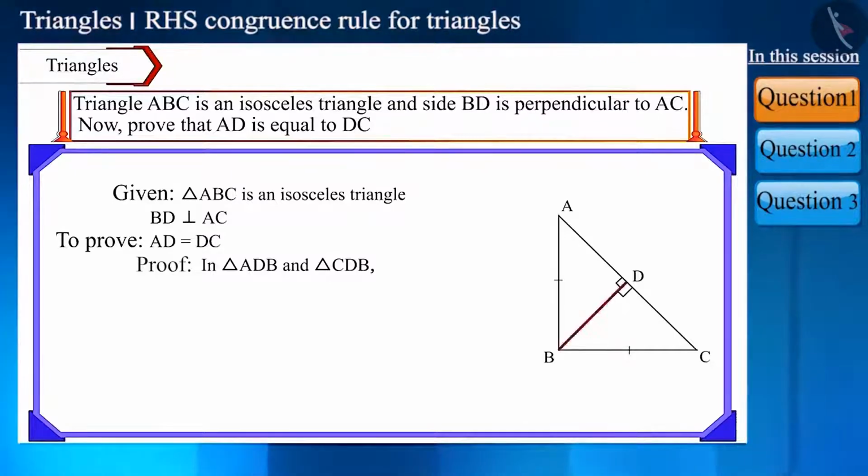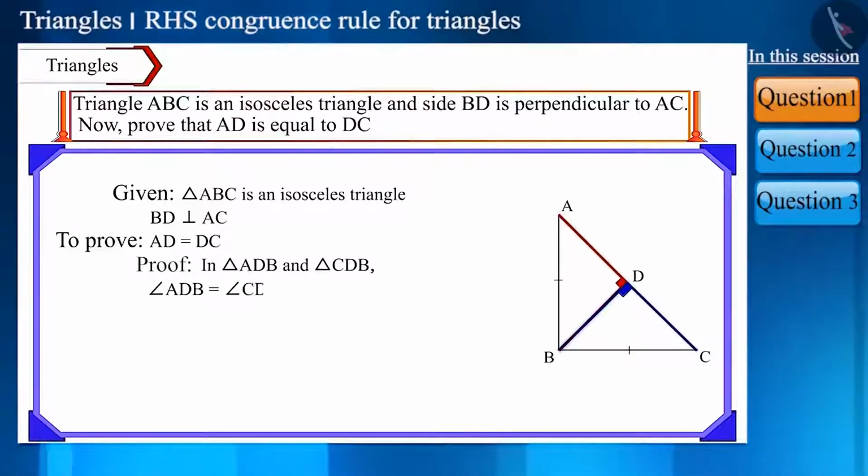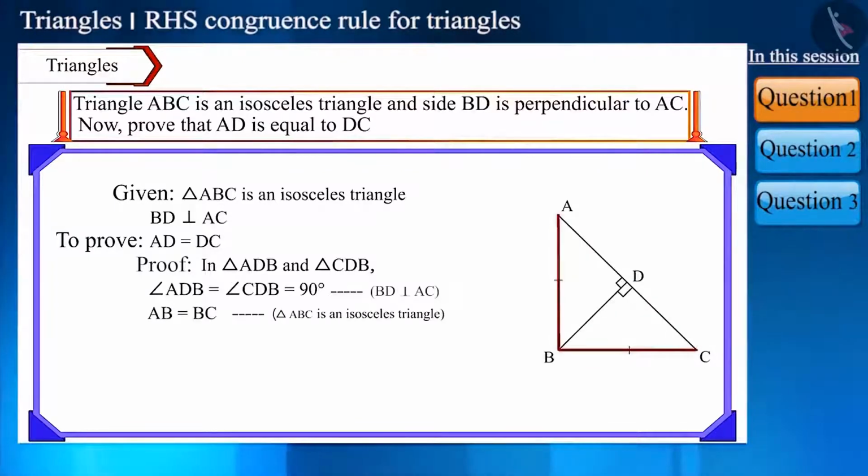Since side BD is perpendicular to side AC, in triangle ADB and triangle CDB, angle ADB is equal to angle CDB, which is equal to 90 degrees. Triangle ABC is an isosceles triangle, so side AB is equal to side BC.